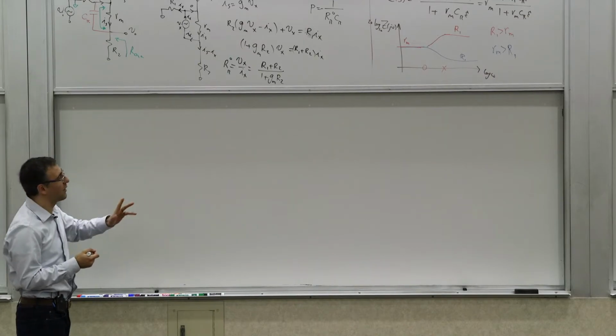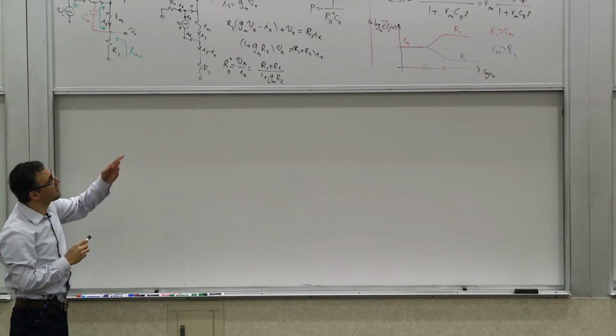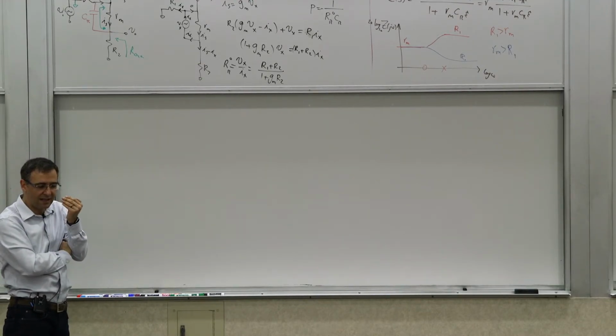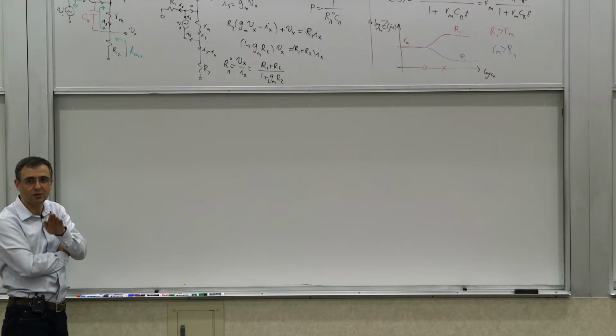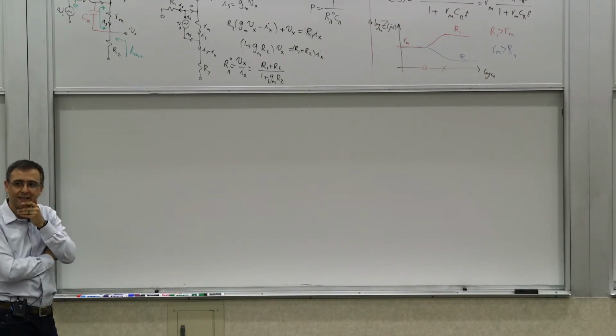Or at least first qualitatively, let's say. So qualitatively, you want something that starts like the red one, something that increases. So you want to start with something that has a certain resistance, then it goes to a higher resistance. How can we make that?